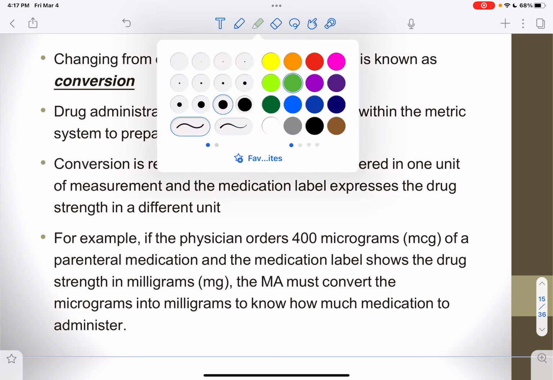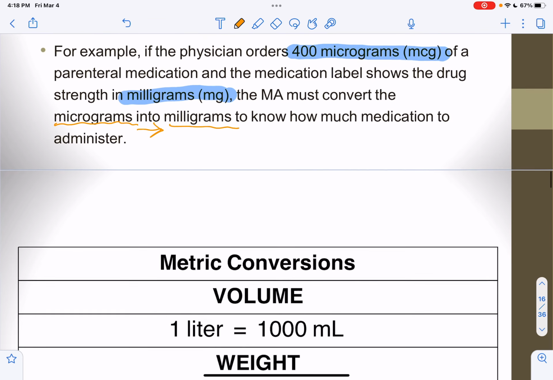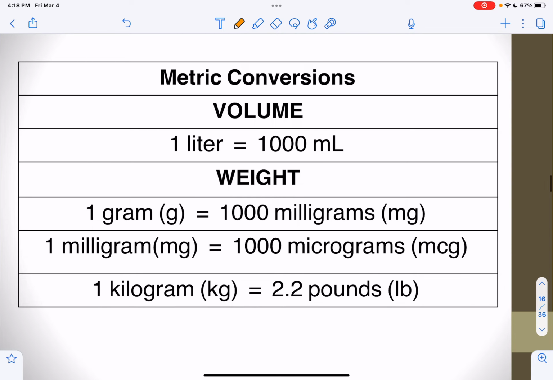So, for example, the physician orders 400 micrograms of a medication, but the label gives us the strength in milligrams. So we need to convert from micrograms to milligrams so that we know how much to administer. And we use our conversion factors here. So we know that this equals this, so we can use these in our equations to convert.